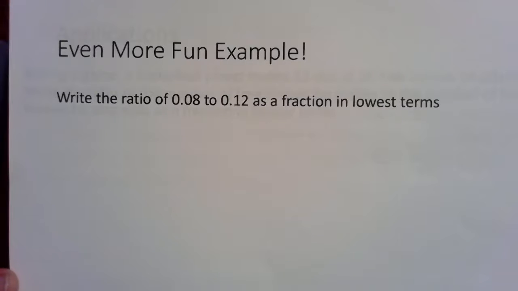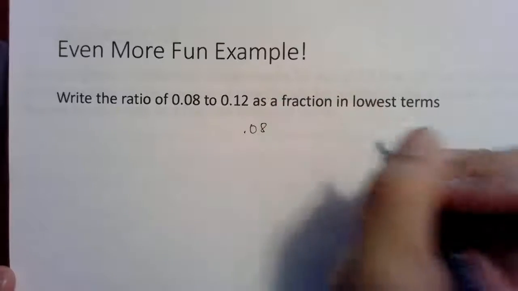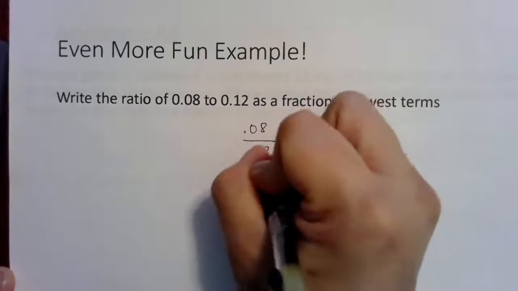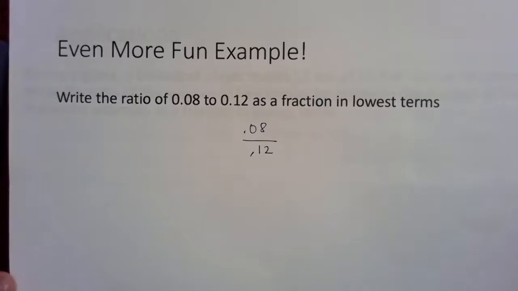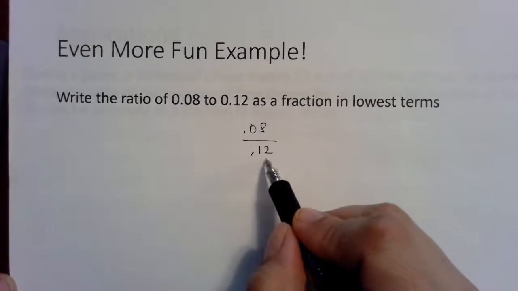Let's do an even more fun example. Let's write the ratio of 0.08 to 0.12 as a fraction in lowest terms. So you're basically saying 0.08 over 0.12. Now these are both hundredths, right? There's 8 hundredths and 12 hundredths.